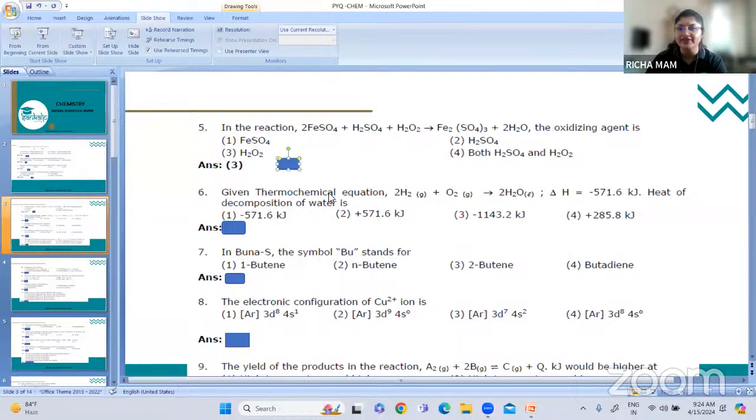You should be very fast, because the time limit is also less. You have to be very fast during your exams, because you'll be having 60 questions. Ranjita has answered it as 2. Vidya has answered it as 2, and Ranjita has answered it as 2. So let us see the answer.